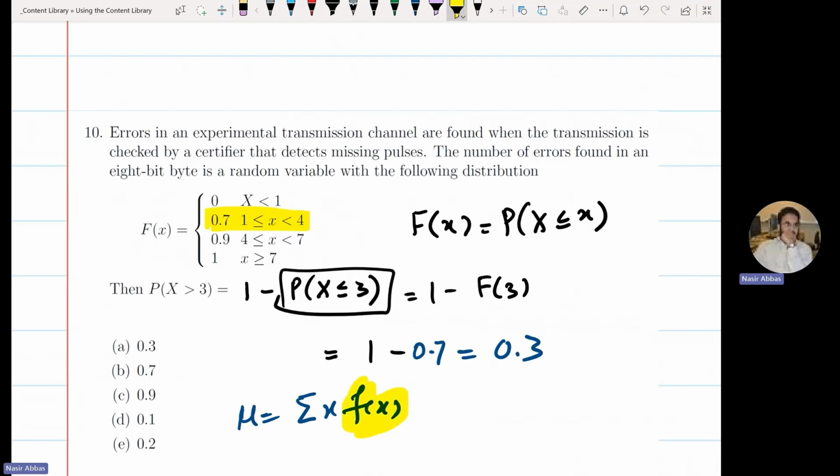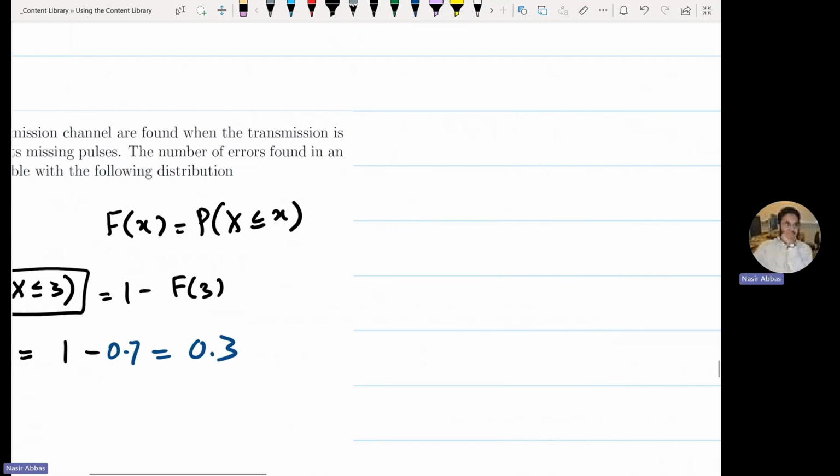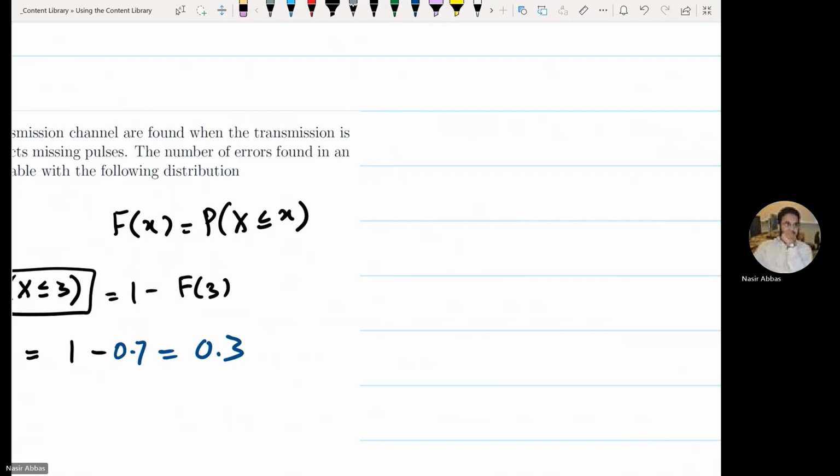To get the mean, you need a column of the mass function, right? So you must take the differences now and get the mean. If a question says you have to find the mean, then think of it like this. Subtract backwards and get the PMF, and then from the PMF you get the mean.